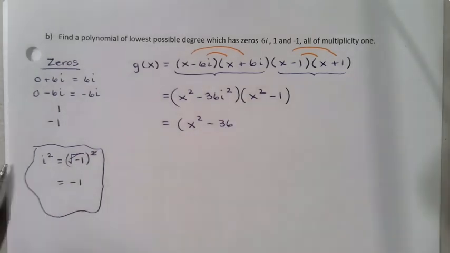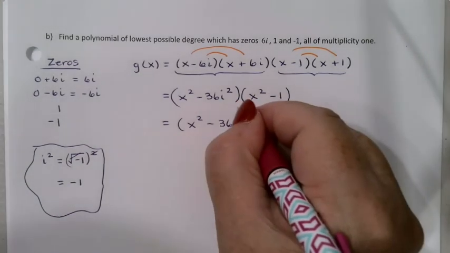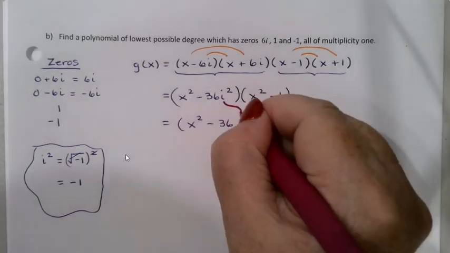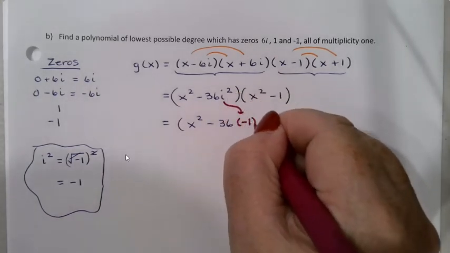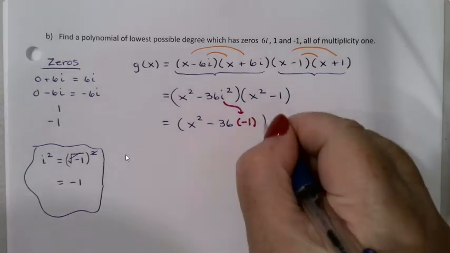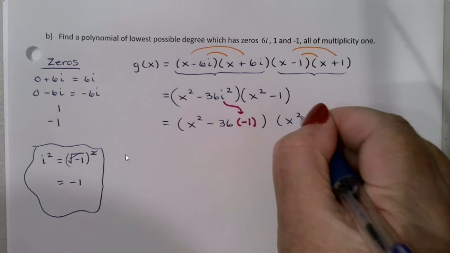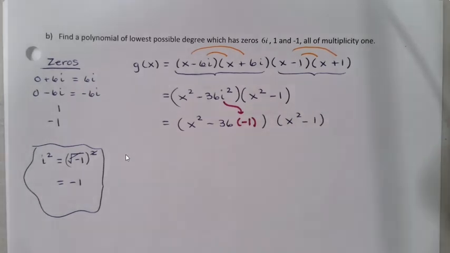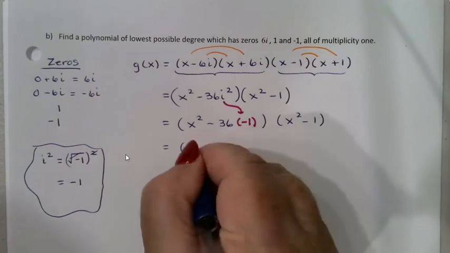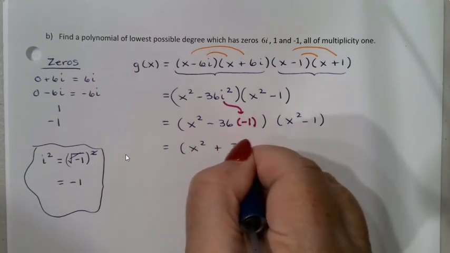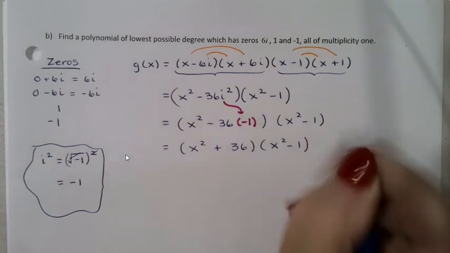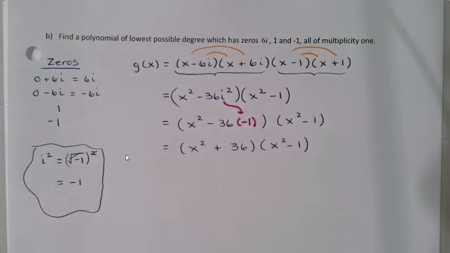So I'm going to replace this i squared right here with negative 1. So in fact, my first factor here is actually x squared plus 36 multiplied by that x squared minus 1.